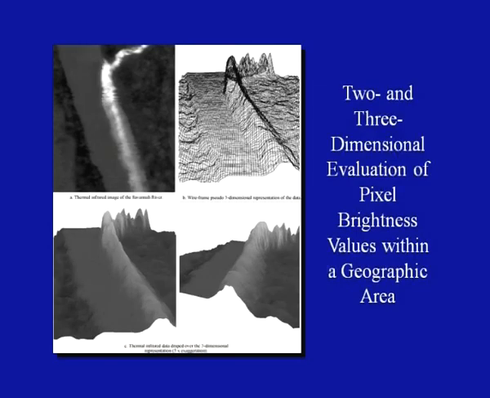We can also view the image in the form of a 2D or 3D evaluation, wherein based on the brightness values, the elevation of the information is provided. So all those regions which are depicted in bright white would have the highest elevation in the 3-dimensional representation, whereas a dark object will have a value of 0 and may represent a land or a surface which is at the datum level.